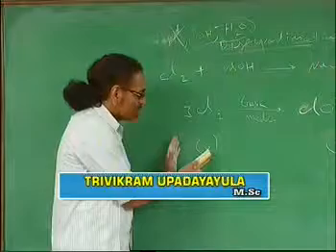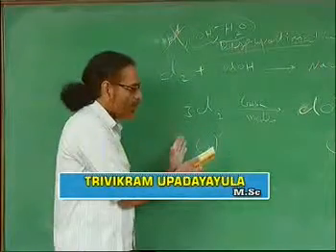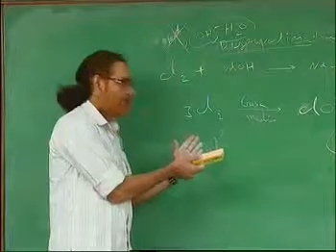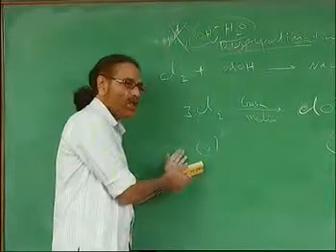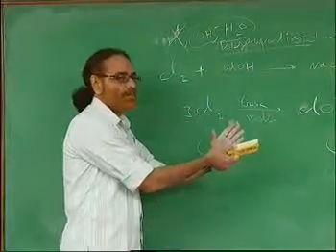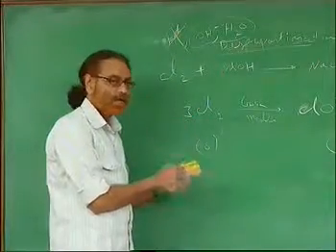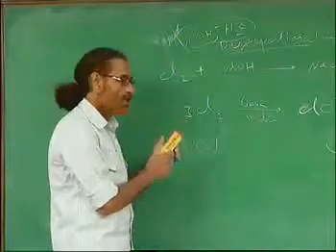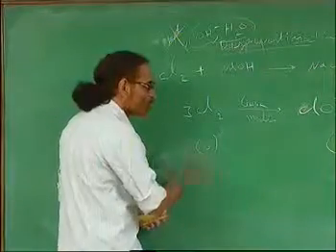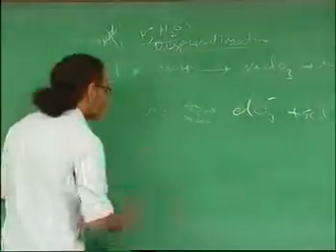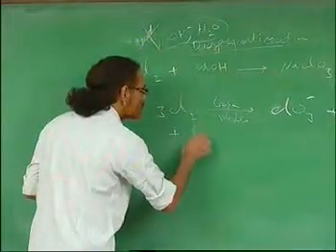Now the difference in units is 6, where you find left hand side 0 charge, right hand side minus 6. So either you make it minus 6 here or plus 6 there, so that the charge will be equal. But because it is a basic medium, we can use OH minus. So we use those OH minus ions on the left hand side to make the total charge balanced now.